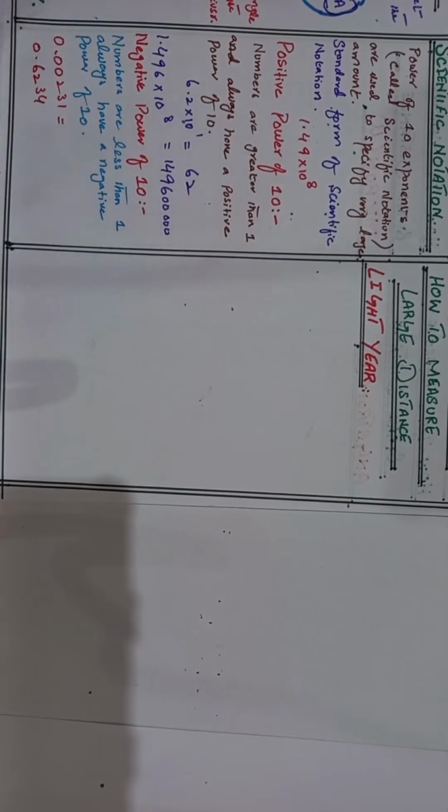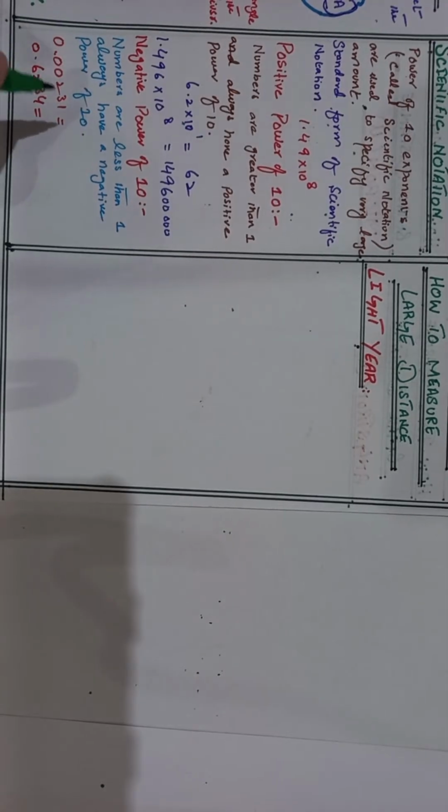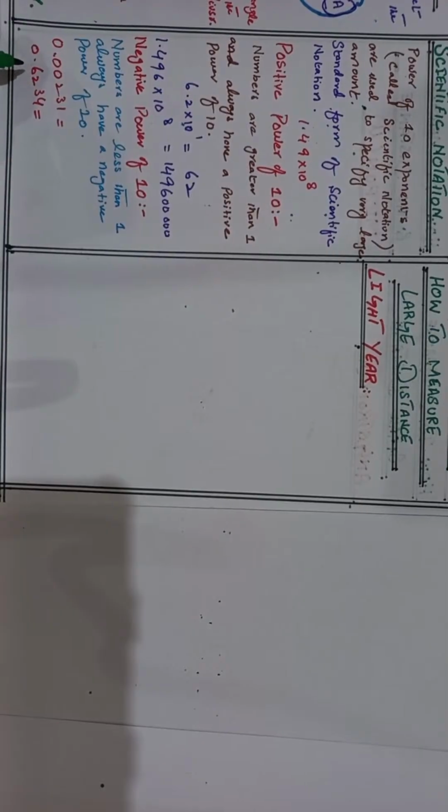Now here we take two examples. One is 0.00231 and the other value is 0.6234. Now we write them in the form of scientific notation. Now look at these numbers. These numbers are less than 1. If the numbers are less than 1, how do we write them in scientific notation? We move the decimal point 1, 2, 3.